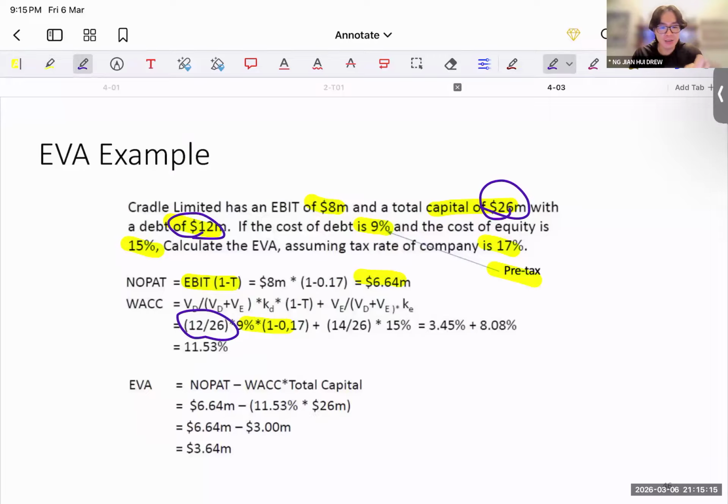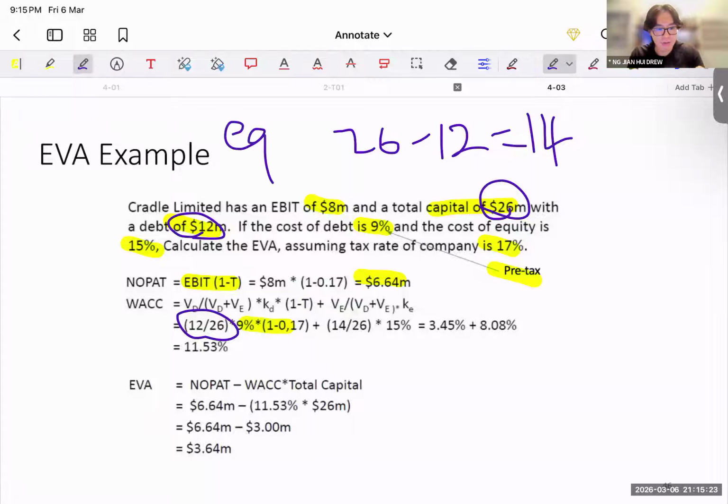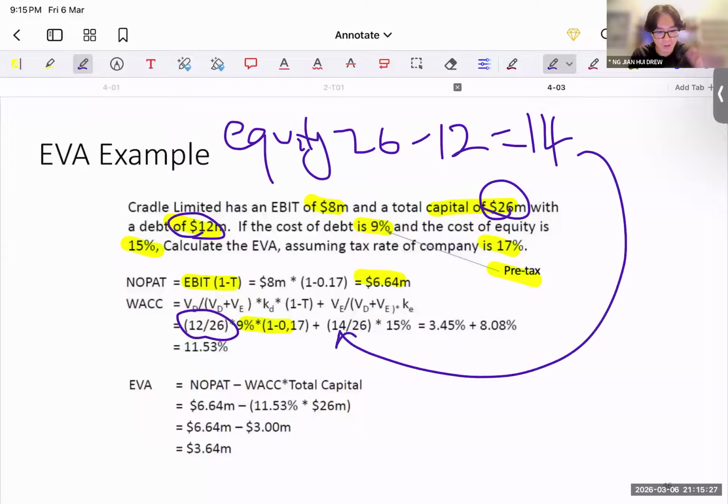Then in terms of equity, it's just 26 minus 12, which gives you 14. So this is the equity amount, which is what we are seeing here, 14 divided by 26 times your 15% cost of equity. So this is your WACC.